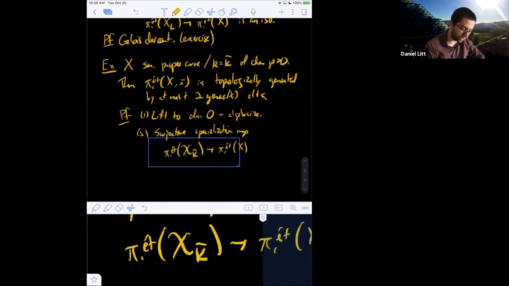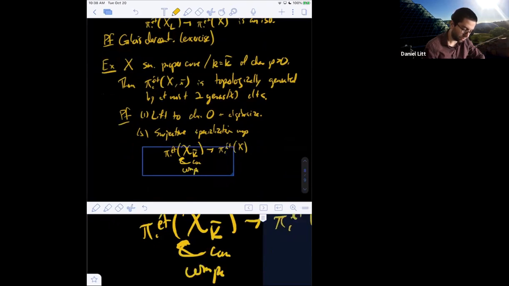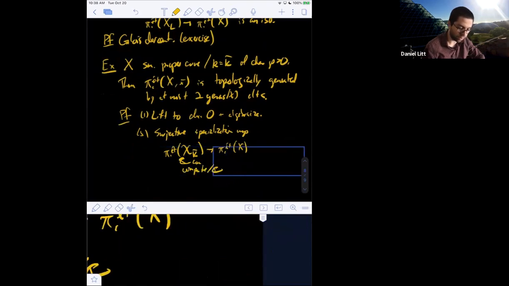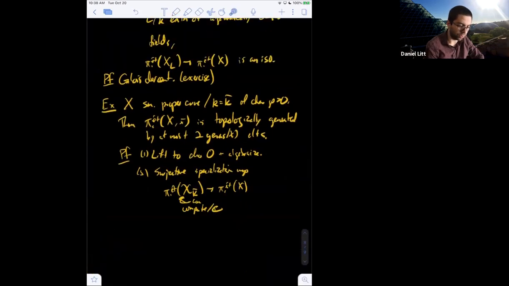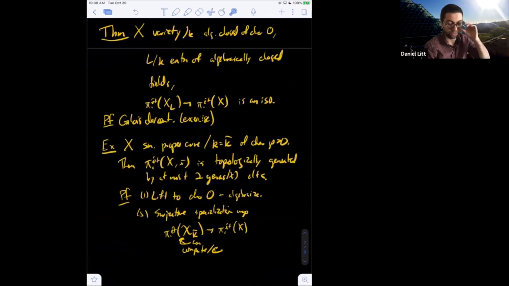And now this we can compute over the complex numbers. We're over some algebraically closed field, for example the algebraic closure of the Witt vectors.